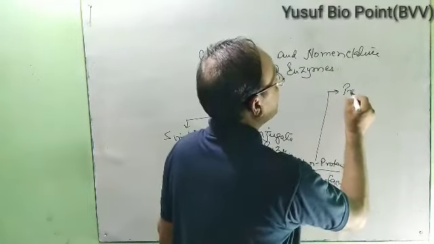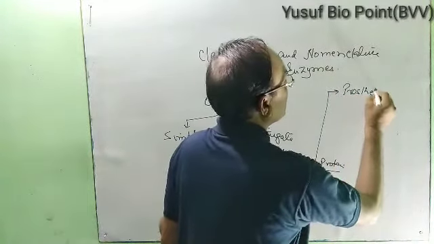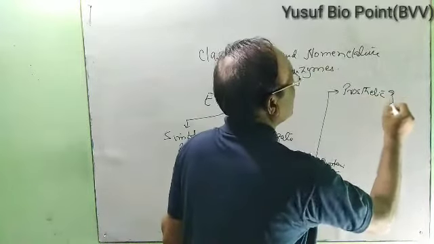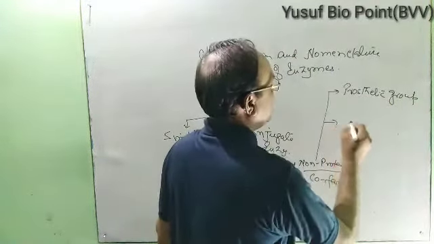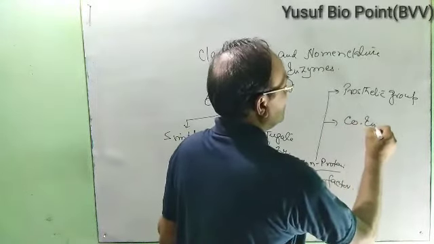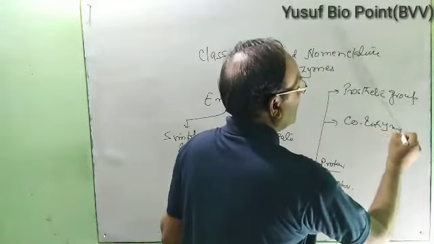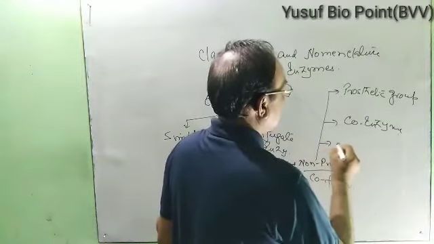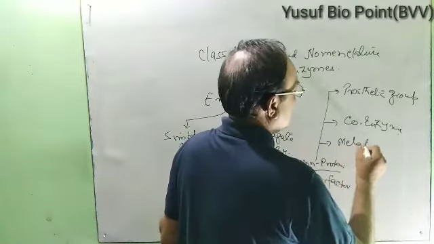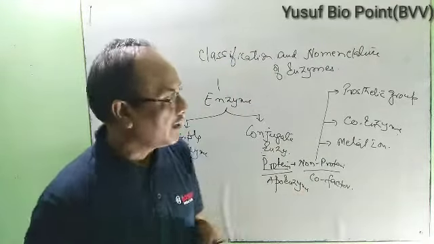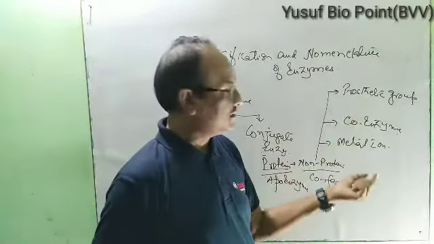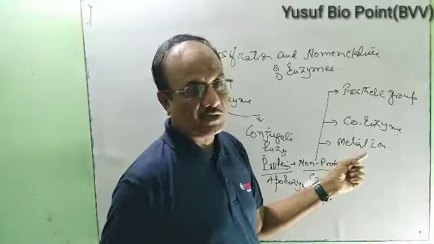Non-protein part is up to 3 types. One is prosthetic group, second one is coenzyme, and third one is metal ion. Understand? These two are organic compounds and this is inorganic.